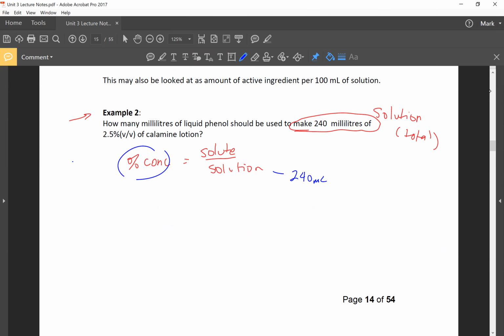I know that my concentration is 2.5%. But whenever you use a percentage, and this is review from the previous section, you change it to a decimal. So first things first, I'm going to change that to a decimal.